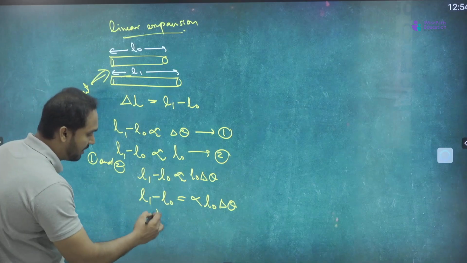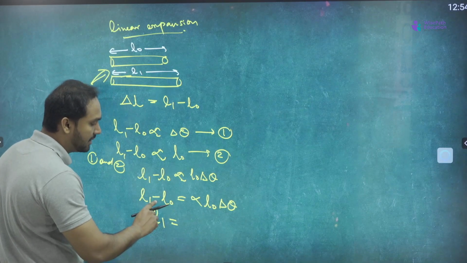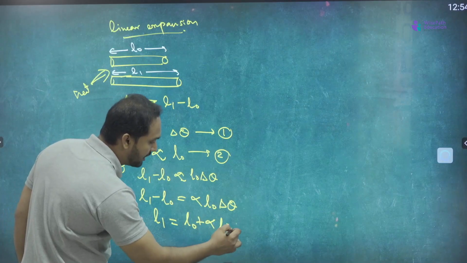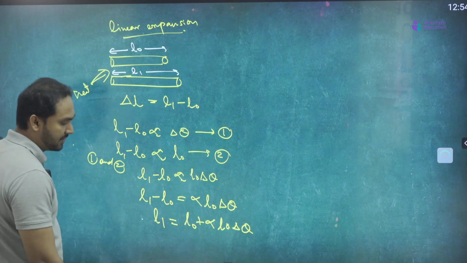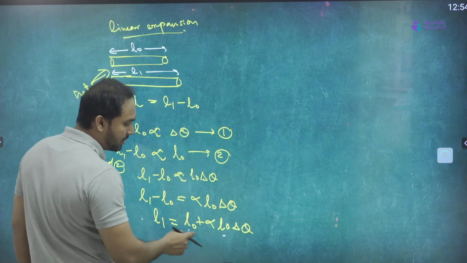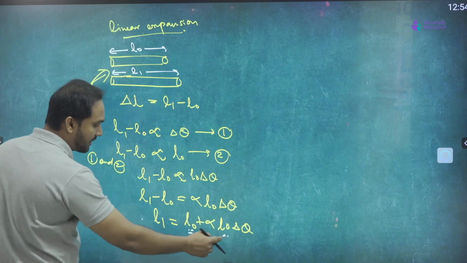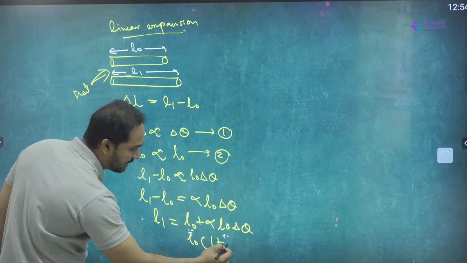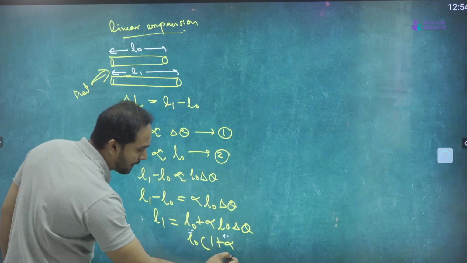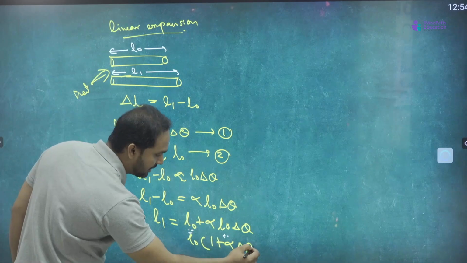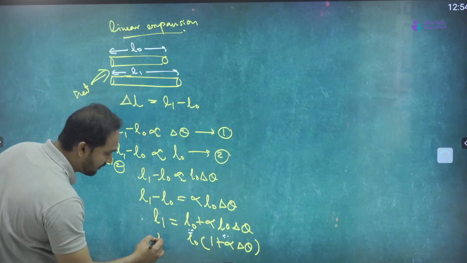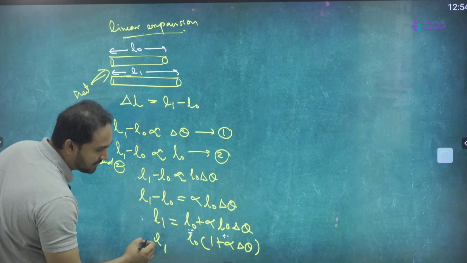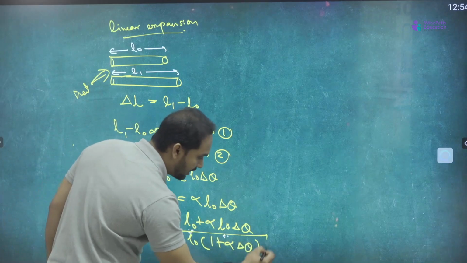Taking minus L naught to the other side, L1 equals L naught plus alpha L naught delta theta. L naught is common to both terms, so taking it out, L1 equals L naught times (1 plus alpha delta theta).